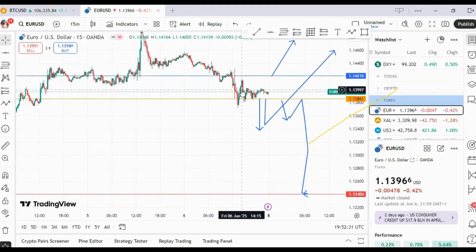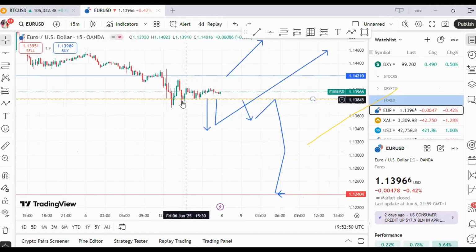The rejection is if you see something like this, it was rejecting. It came to your support, and you notice there is a rejection here. You can buy it back up to the resistance. From the resistance, you notice there's a rejection, you can sell it down to your support. Guys, you can see it here now. The market was selling down. It got even the false breakout. Look at it, guys.